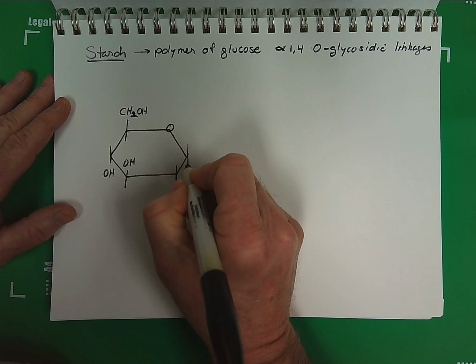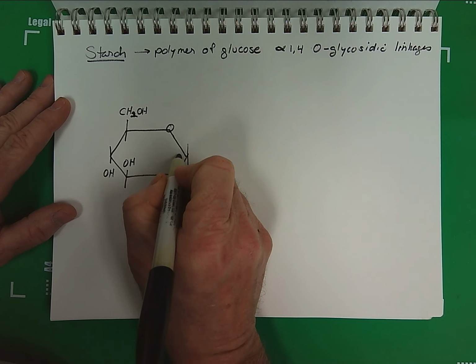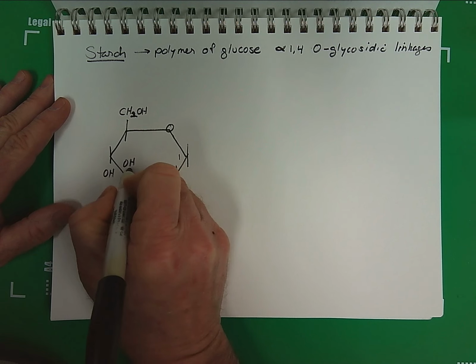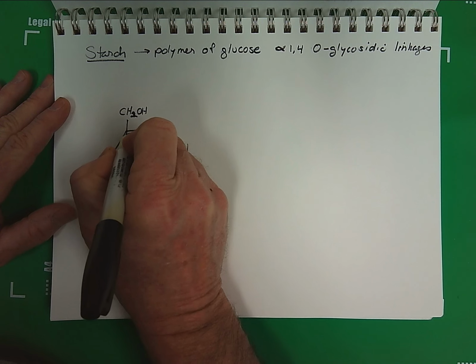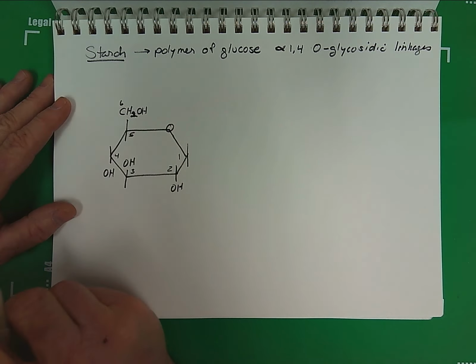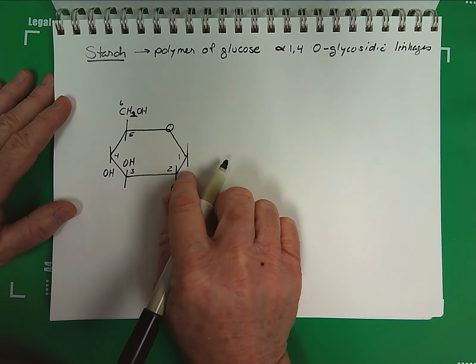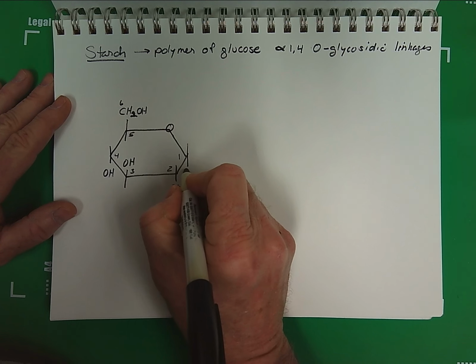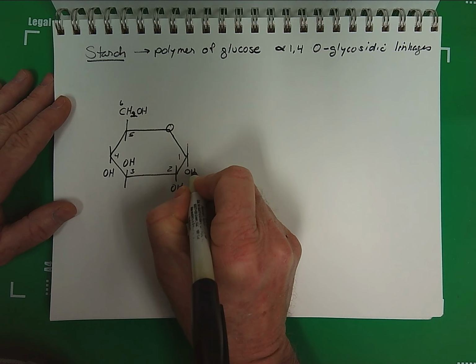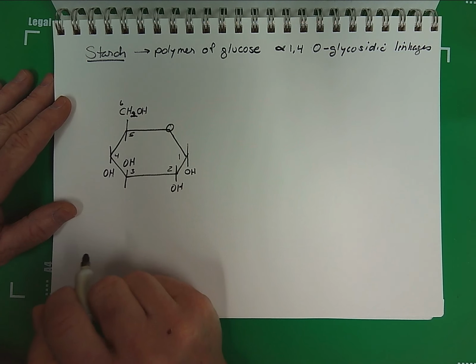So that means that we are going to have number 1 carbon here, number 2, number 3, number 4, number 5, and number 6. If this is an alpha linkage, that means that our number 1 carbon needs to be in the alpha configuration. So the hydroxyl group will be facing downward.